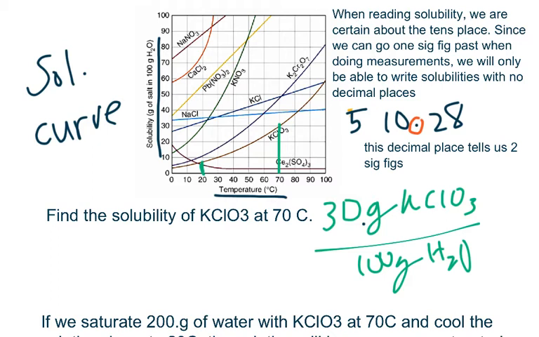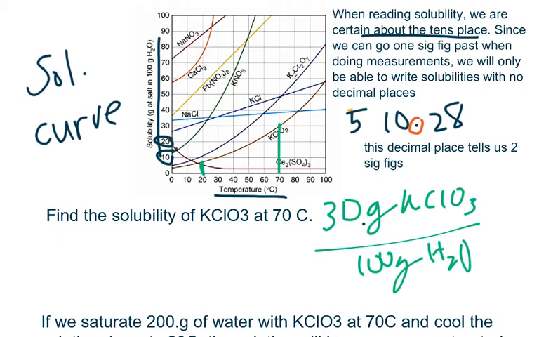So in this diagram, how are we going to read the solubilities? Well, in this diagram, when we read solubility, we are certain about the tens place, and this is because we see that it's going to be 10 and 20, and a point that's between that. We know that it's going to be greater than 10 but less than 20.